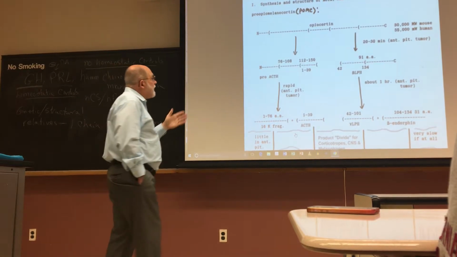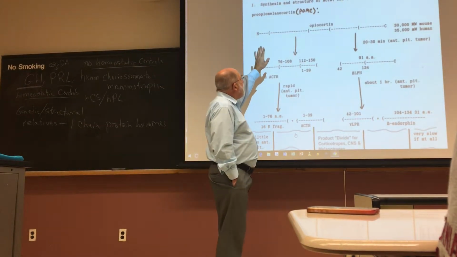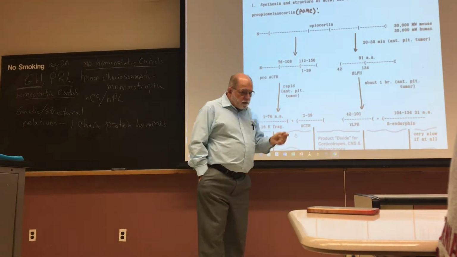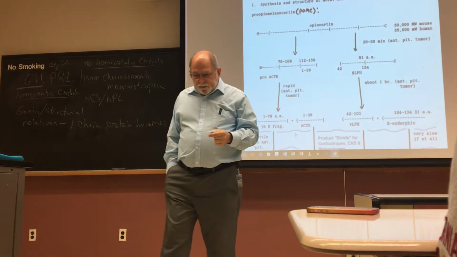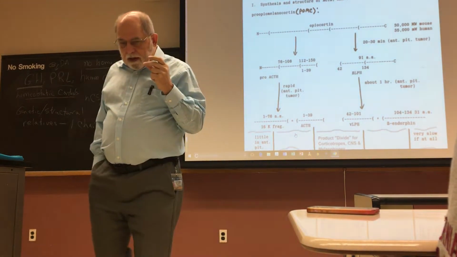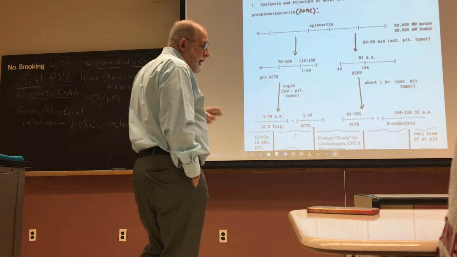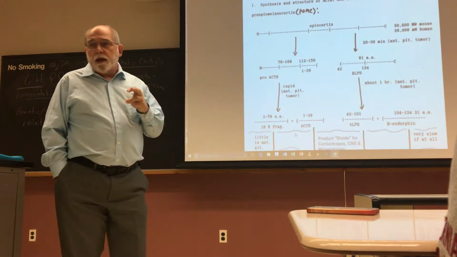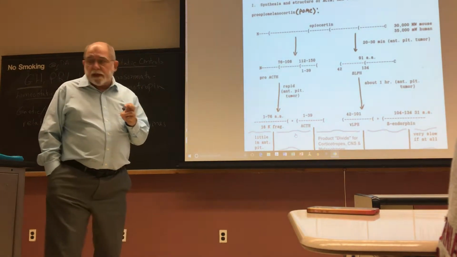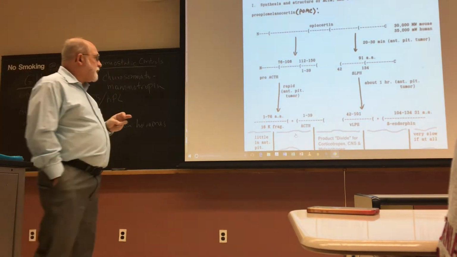So the cells that make this stuff are some of the neurons in the central nervous system, the corticotropes in the anterior pituitary, and the melanotropes that exist in the intermediate lobe of the pituitary.